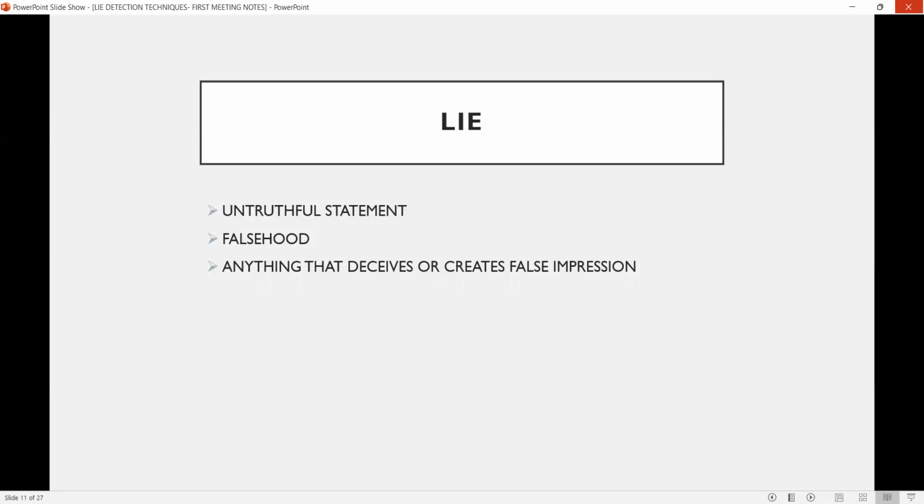A lie is an untruthful statement, falsehood, anything that deceives or creates a false impression. Lying, take note of this, refers to telling someone something that is not accurate. And it is either verbal, spoken, or written.